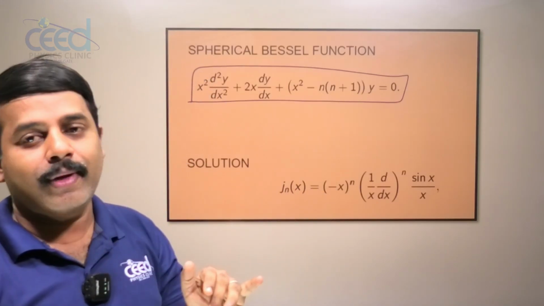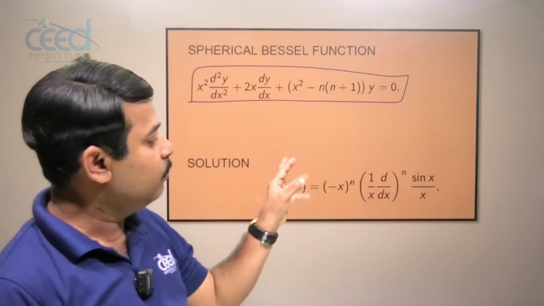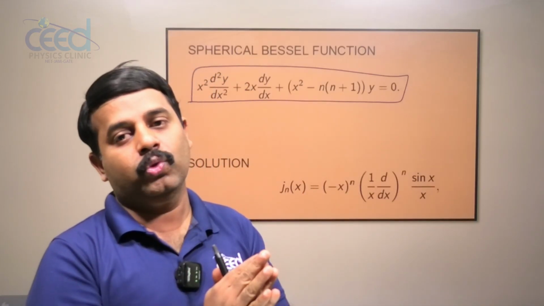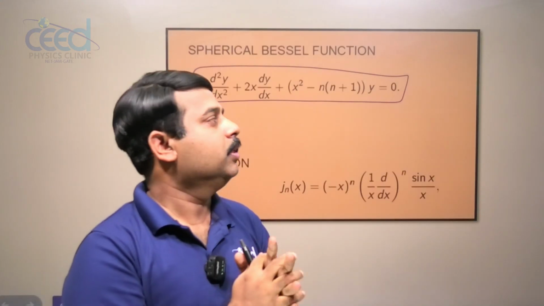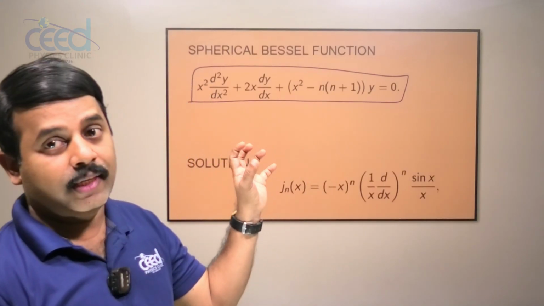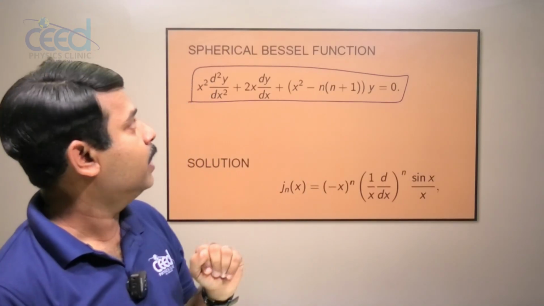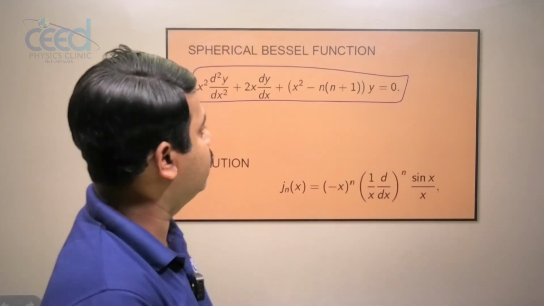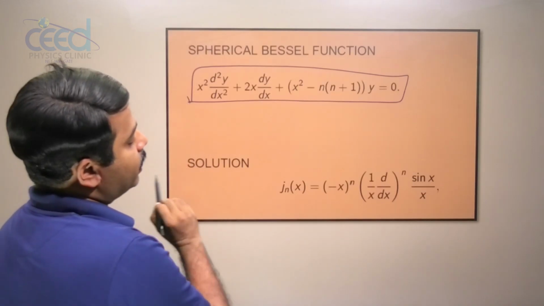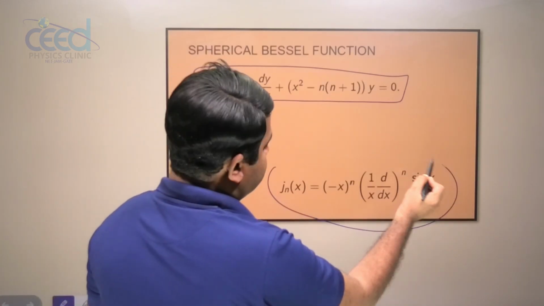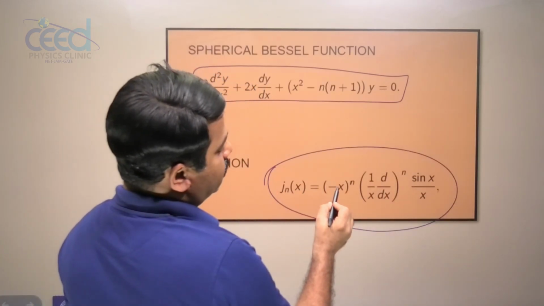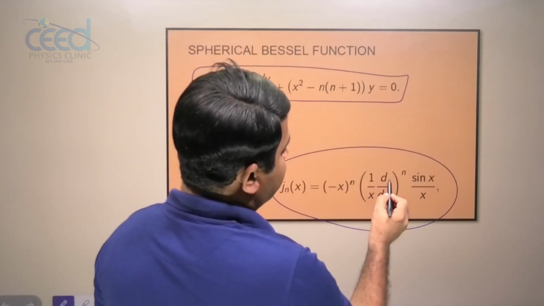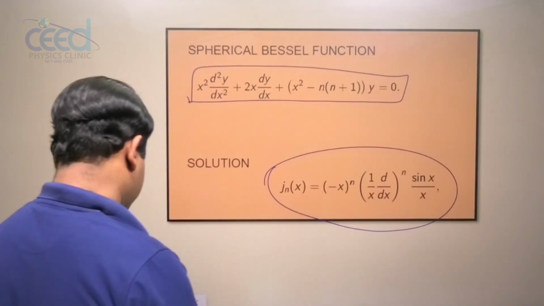When we come to quantum mechanics, using this differential equation we are solving the hydrogen atom, right? That time you will understand the importance of this equation, right? So this is the format, and its solution is, see, j_n(x) is equal to (-x)^n ((1/x) d/dx)^n (sin x / x).